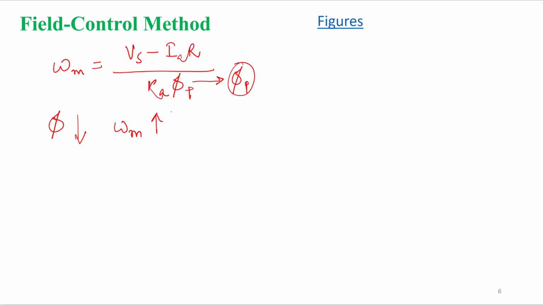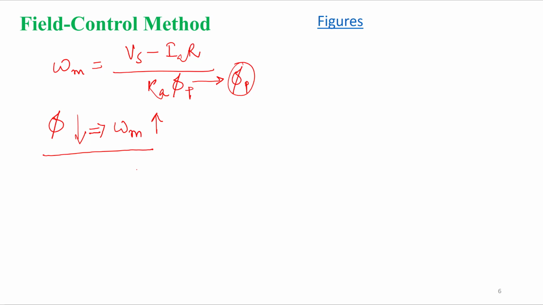So we get an inverse relation, and by keeping IA constant, we can have a speed greater than the rated speed. If we adjust the flux in the field, we can get a speed higher than the rated speed. Particularly, this field control method is used for speed control beyond the rated speed.